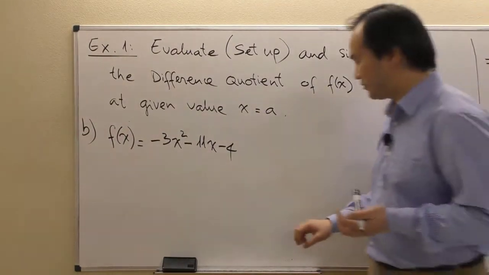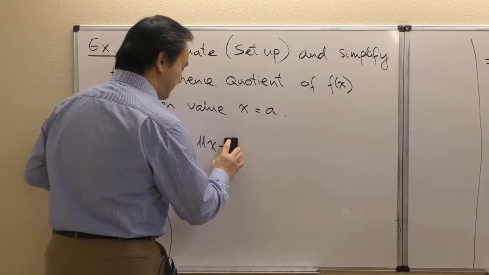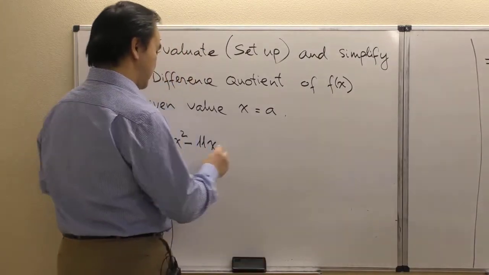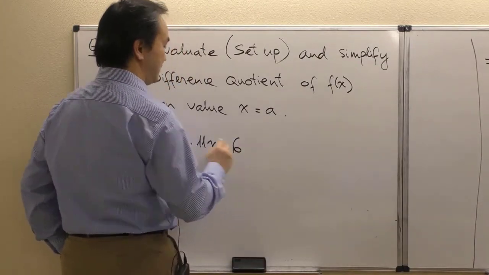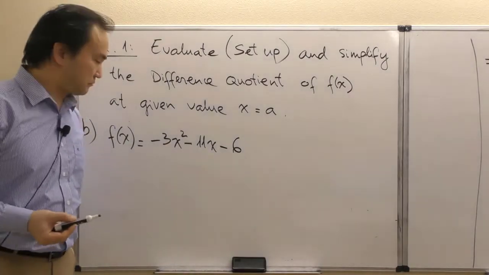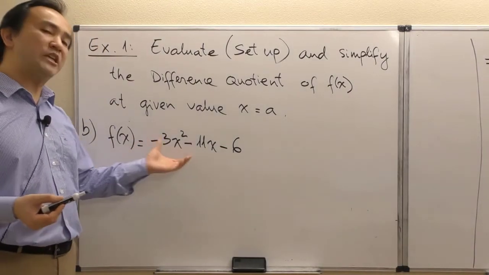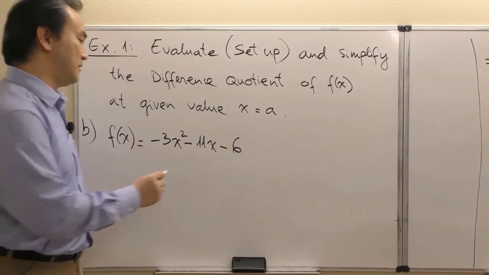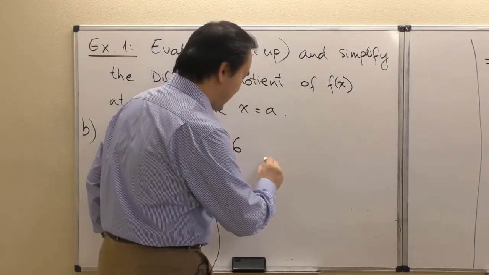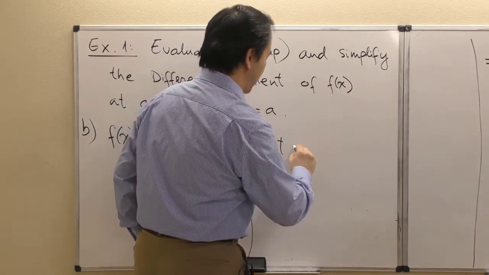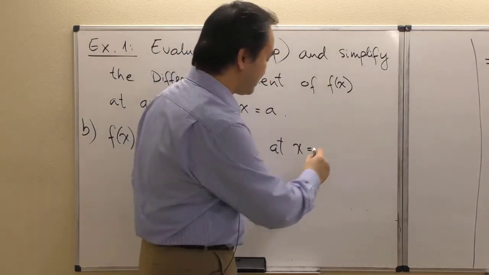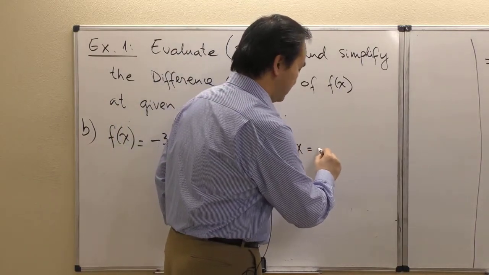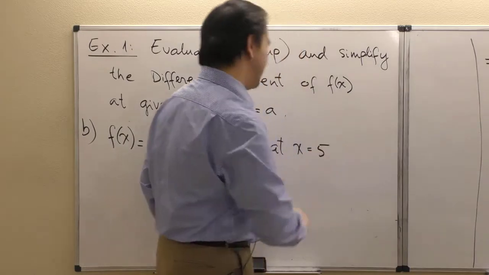And actually, I need to make a correction. It should be minus 6. And really it shouldn't matter. What we have here is a quadratic function. And now how about given at x equals 5.